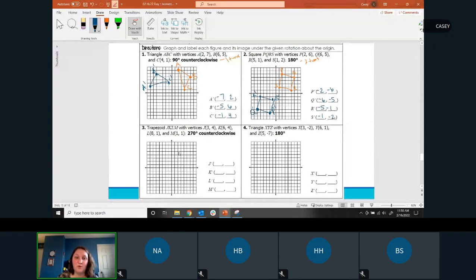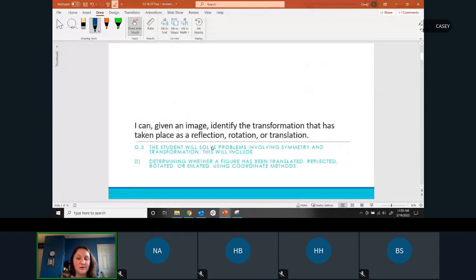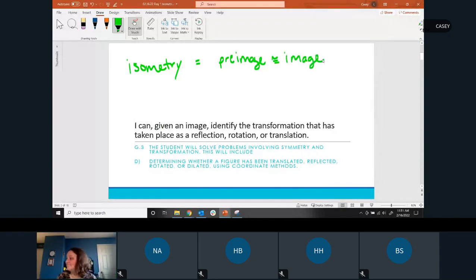So if you hear that word isometry, let me write it down here. All right, we'll put it here. If you hear that word isometry, that means that your pre-image is congruent to your image. They're the same size. No, we're going to do the one that changes sizes next time.